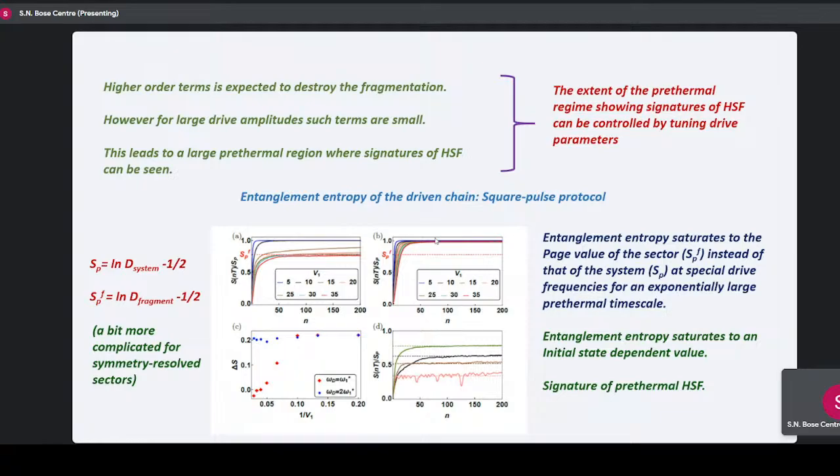But the Page value is roughly log of the system size minus half. It's not quite so, it's a bit more complicated because of the symmetry of the center, but that's a different thing.